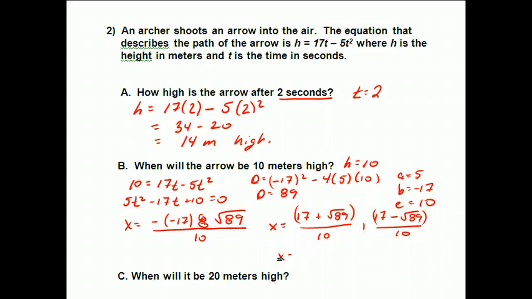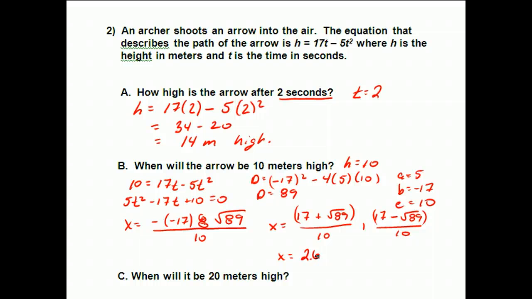So let's see what x equals. 17 plus the square root of 89, all divided by 10, equals 2.6. So after 2.6 seconds, our arrow is going to be 10 meters high.